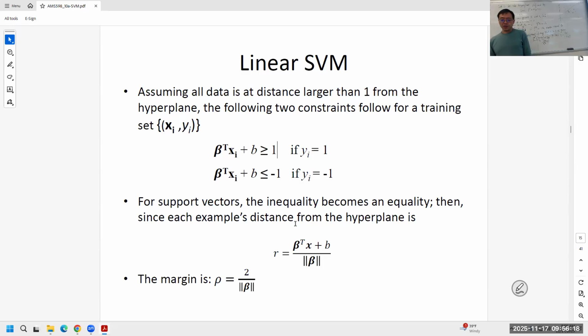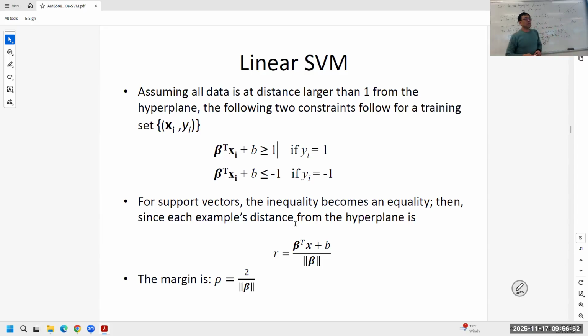It's actually not, because say you have x. The distance is given by beta transpose x plus b. Now suppose your distance is some arbitrary value, say lambda.